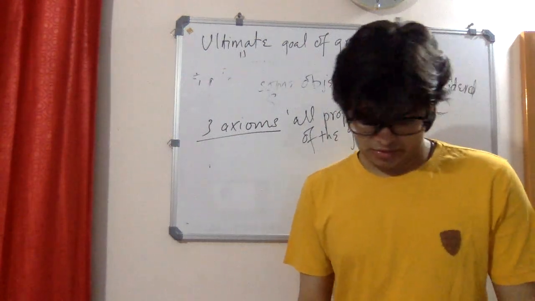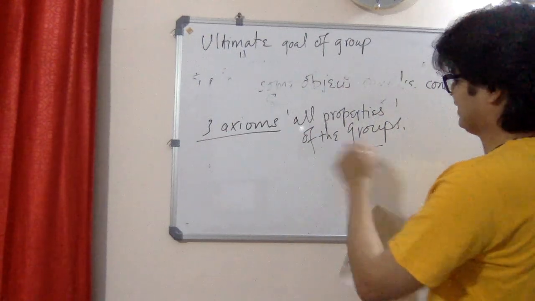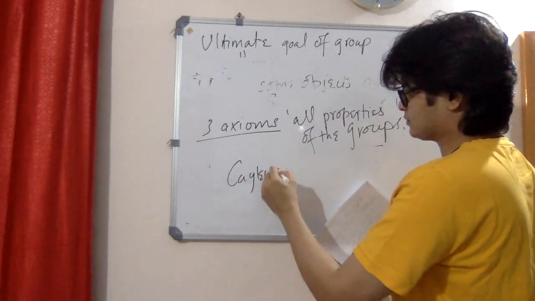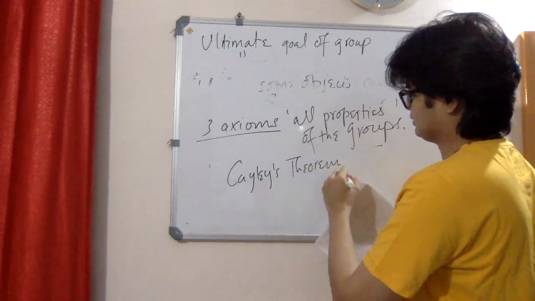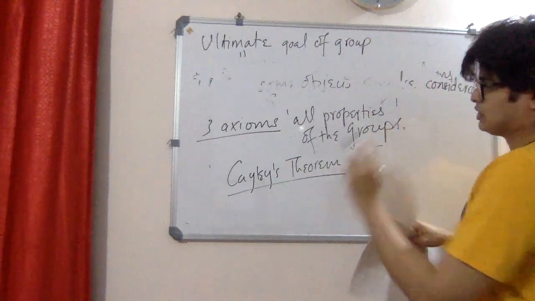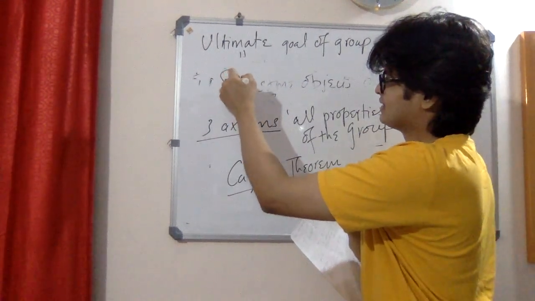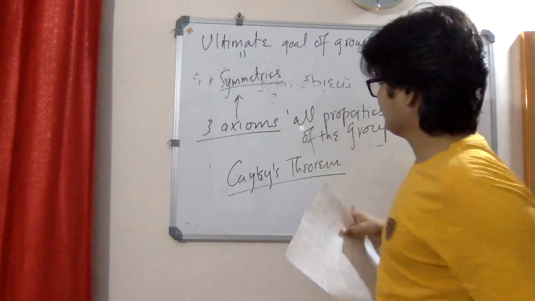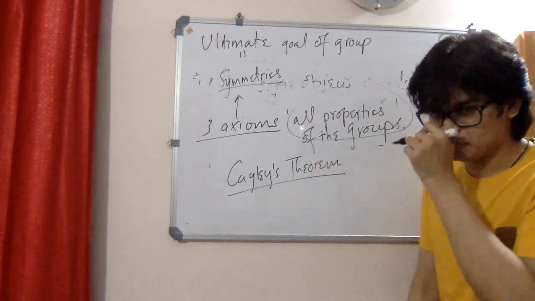So we have to have some faith, but actually this thing is proven by Cayley's theorem. So the three axioms which came from symmetries are actually all the properties of the group.